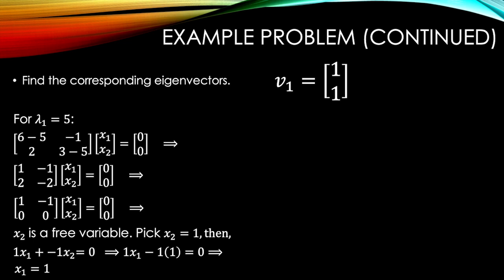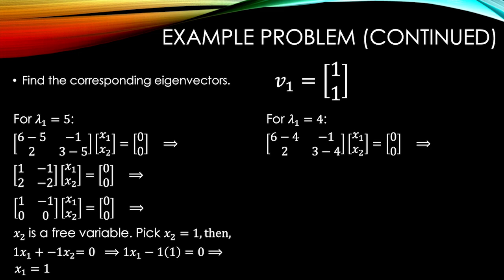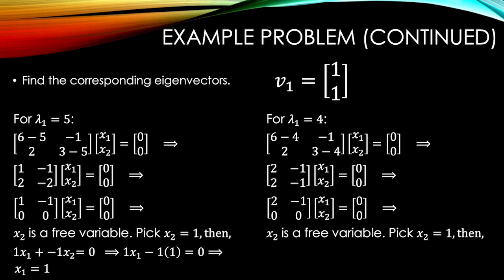The exact same process is done for the eigenvalue 4. We found x1 to be 1/2 and x2 to be 1, so the corresponding eigenvector to the eigenvalue 4 is.